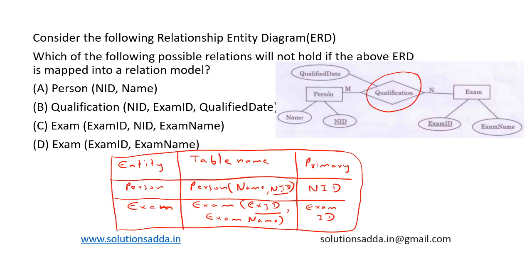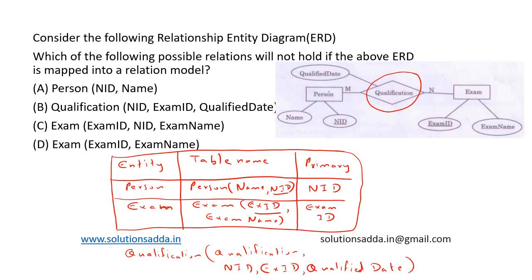So the third table, I'm writing it here, will be qualification, with NID, exam ID, which I'm writing as EXID, and qualified date. So these three tables are formed.